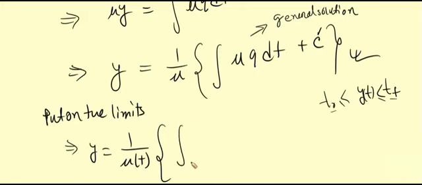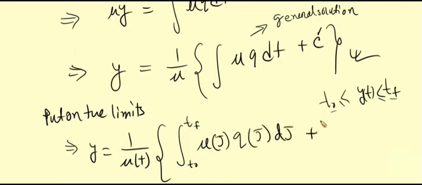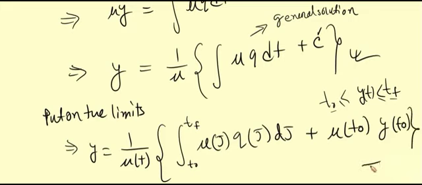And since we are doing it for t0 to tf, there will be t0 and there will be tf, the lowest and the highest limit. And we are just replacing t with tau. It's a dummy variable, just so that you don't get confused. Obviously you can go for t as well, but it's a dummy variable, so that shouldn't matter. And d tau, and this C will come from the initial values, that is mu of t0, y of t0, just like that.